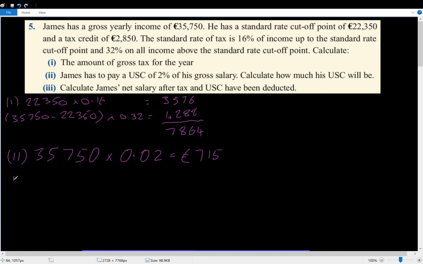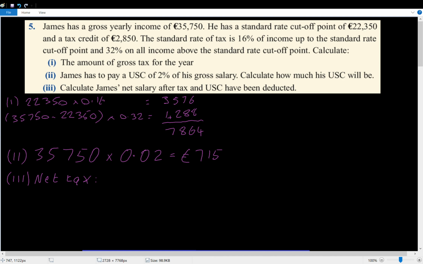And for the third part, we have to calculate his net salary after tax and USC have been deducted. Well, the first thing we're going to do is figure out his net tax. In part 1, we calculated the gross tax, but he has a tax credit of 2,850, which is noted in the question.